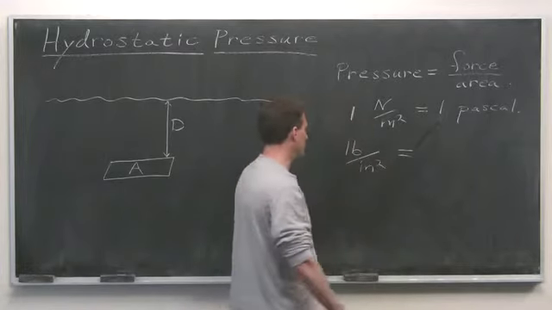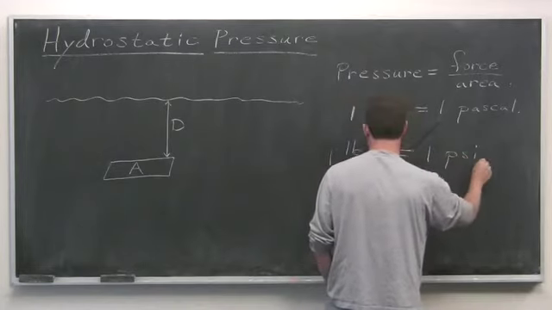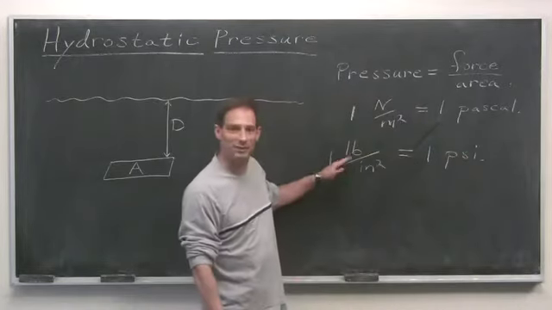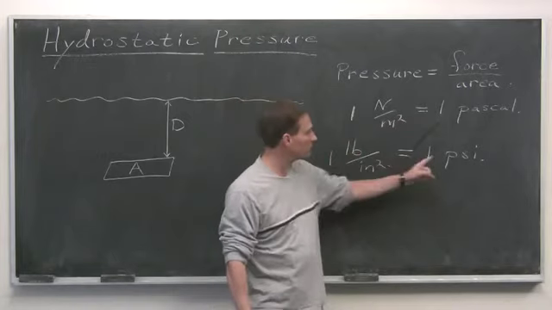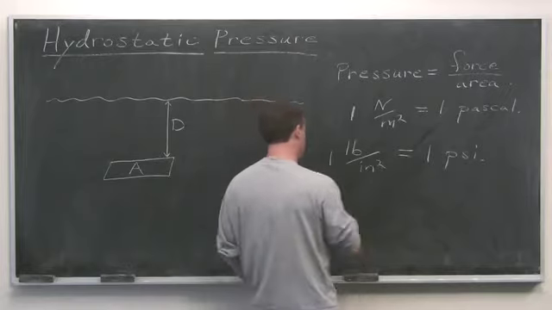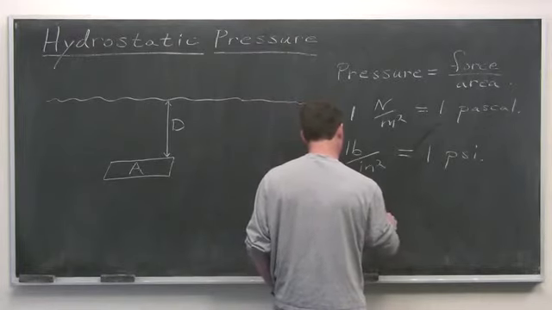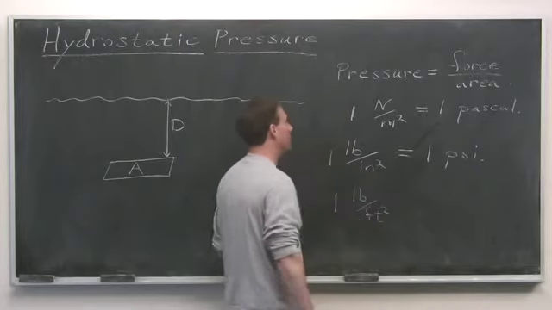This is just abbreviated 1 psi. You may have seen psi. Even though we use lb to abbreviate pounds, when you use pounds per square inch, it's psi. What we're actually going to use today is 1 pound per square foot.